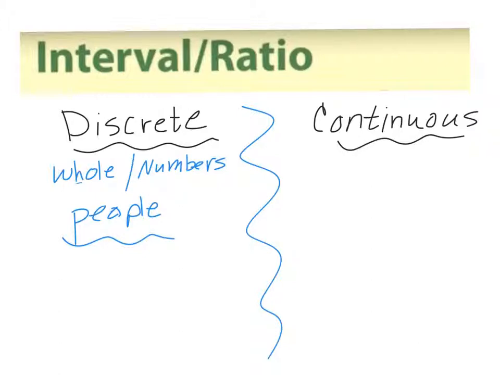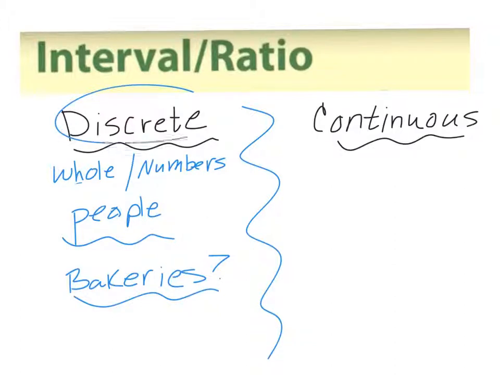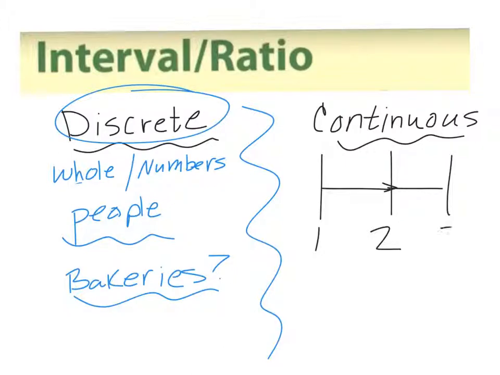I'm going to count the number of bakeries on this street. Are you going to count 2.5 bakeries? Of course you're not, right? So that makes it discrete. Whereas continuous is something that, the visual I always use for myself is a ruler. The reason it's continuous is because you can continue from 1 inch to 2 inches to 3 inches, right?